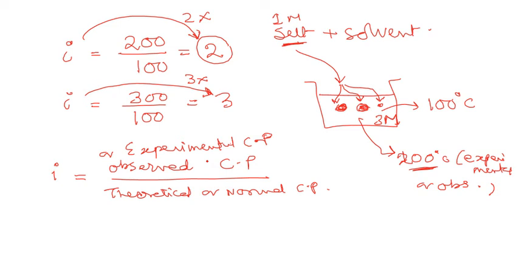Now regarding the Vant Hoff factor, there is another thing that we need to consider: the colligative properties. We have 4 colligative properties, so let's write them again. These are the 4 colligative properties that we have.